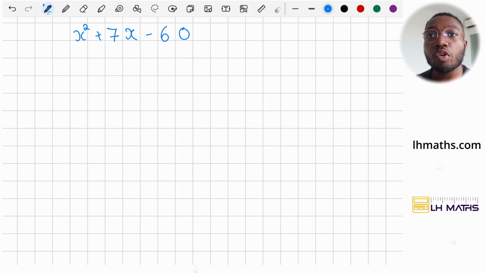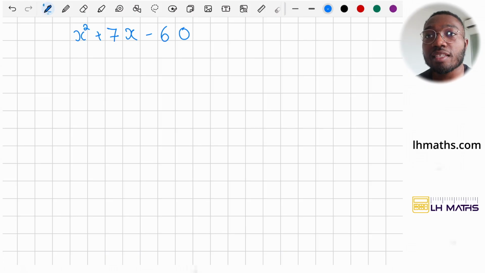However, remember that one of our numbers needs to be a negative because that's the only way you can get a negative 60. So I think the best way to do this is just go through all the factors and see which ones, if you were to add them together, maybe subtract one from the other, can give you 7.